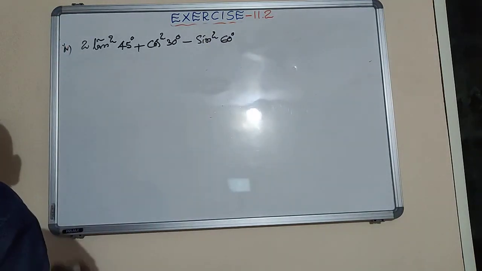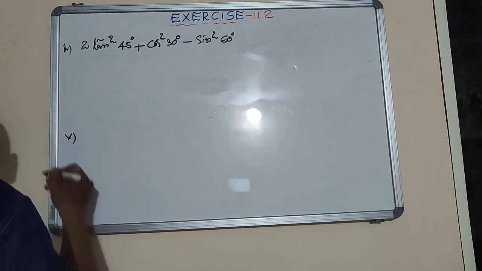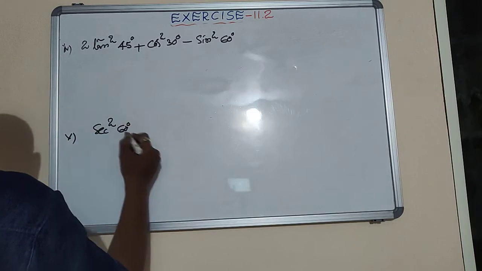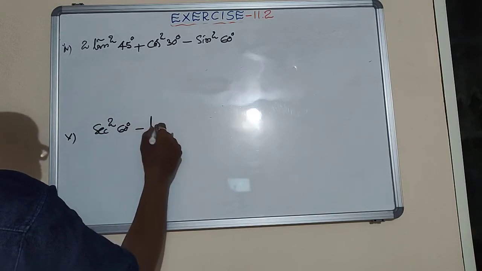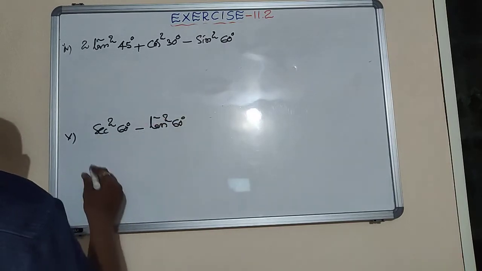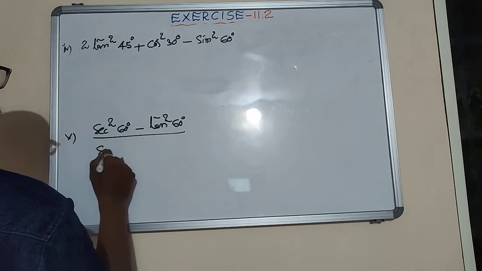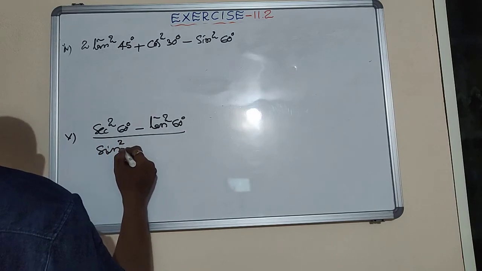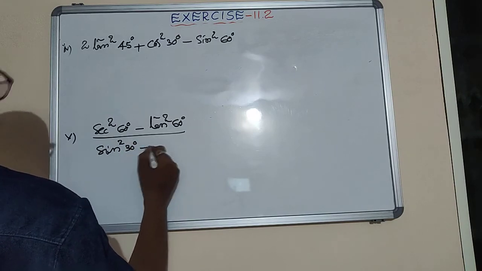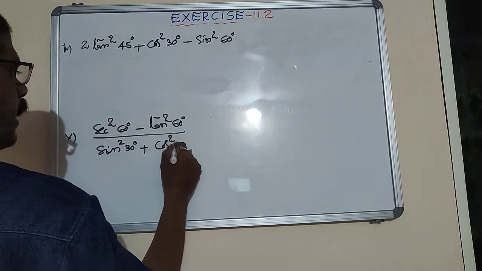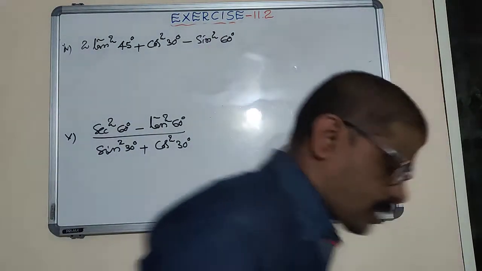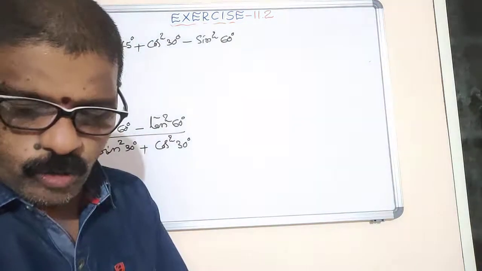Clear? The next one, fifth question, is secant square 60 degrees minus tan square 60 degrees all by secant square 30 degrees plus cos square 30 degrees. These are the remaining two questions from first Roman.